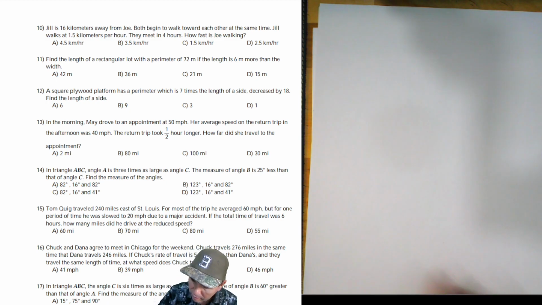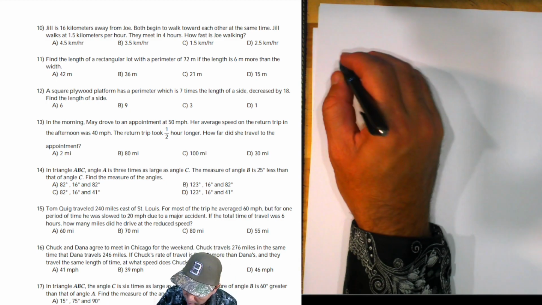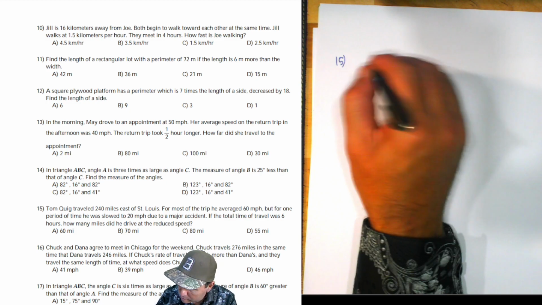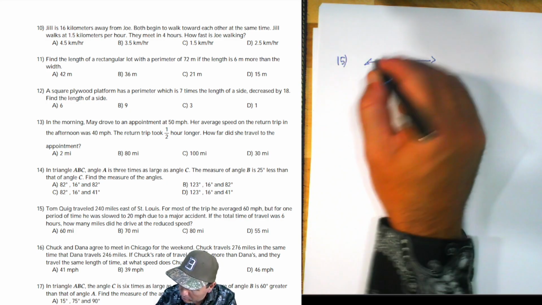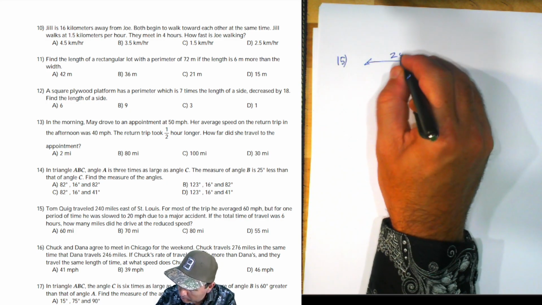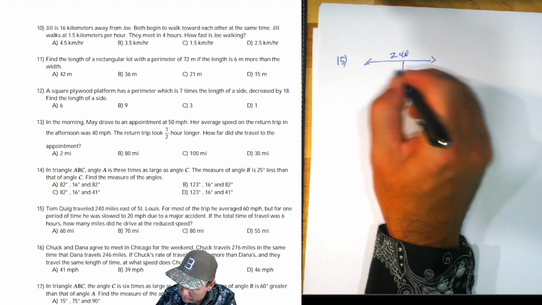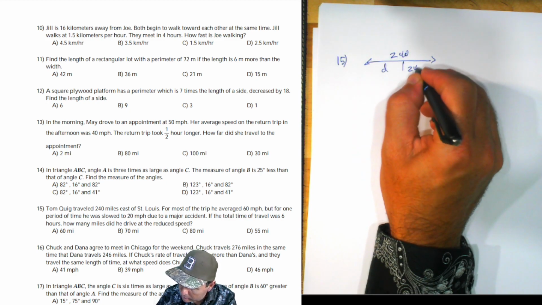Okay. Let's do this one again because I think I'm a little tired and I wrote a number wrong. That's what happened. So 240, this is distance. This is 240 minus distance.